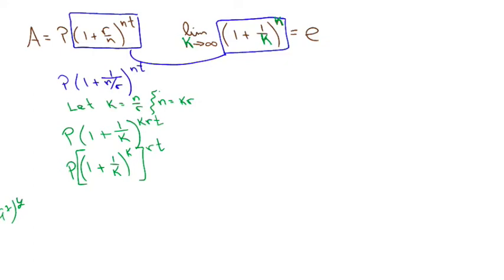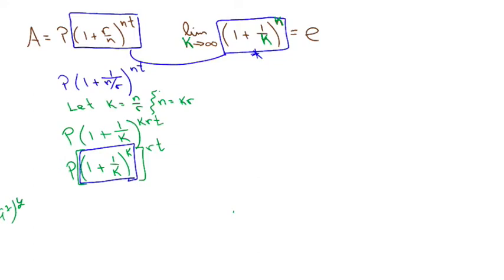So far, so good. Power to a power multiplied, it would all go back to the beginning. This chunk in the middle is exactly the same as this piece up here. So if I take the limit of it as k goes to infinity, what does that blue chunk equal?